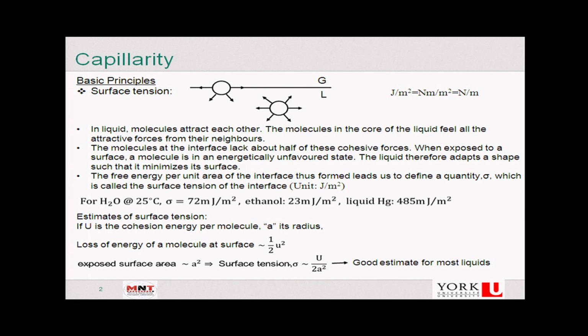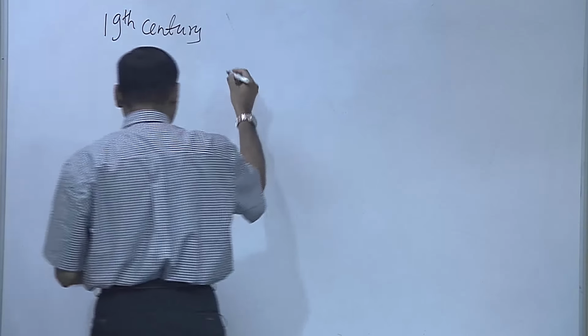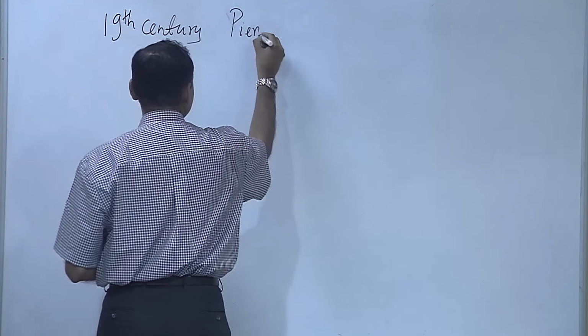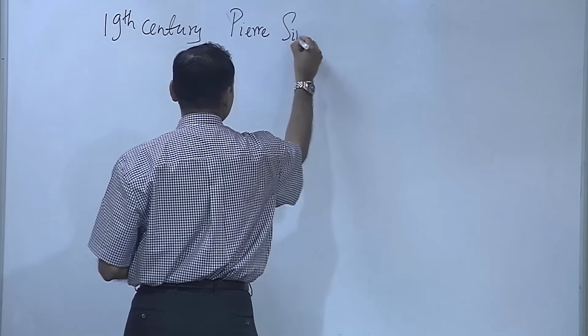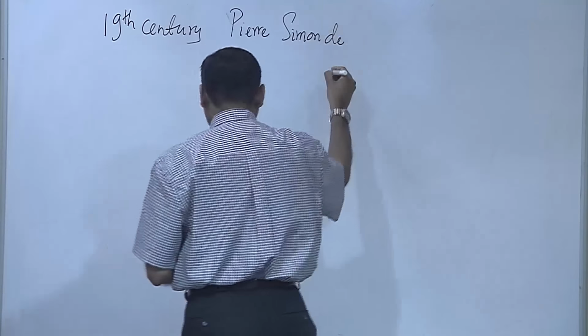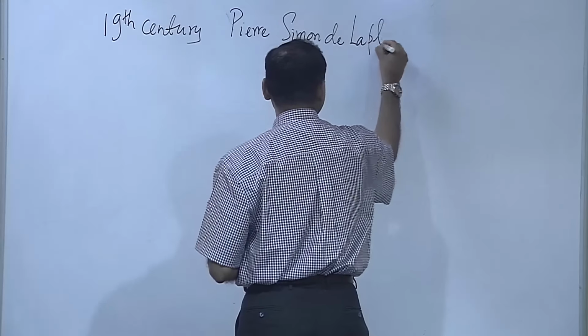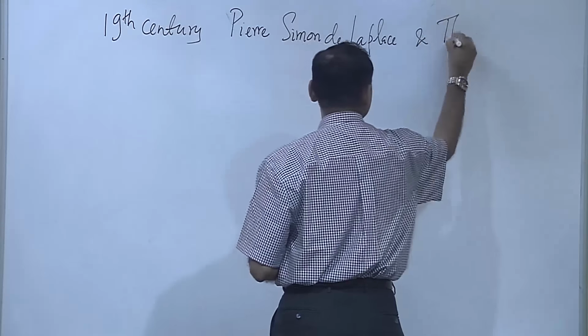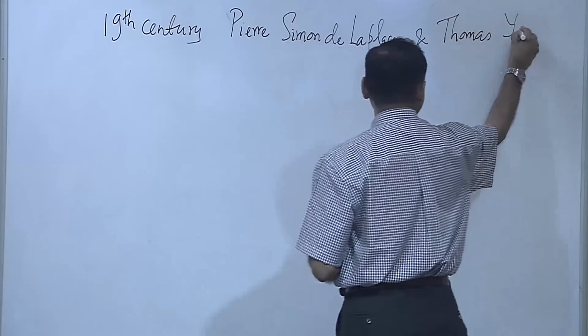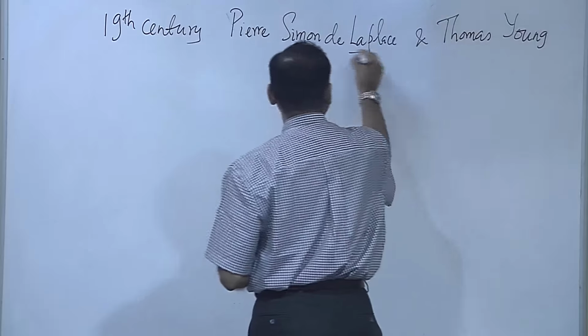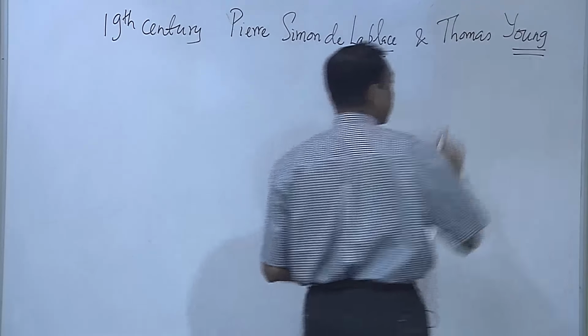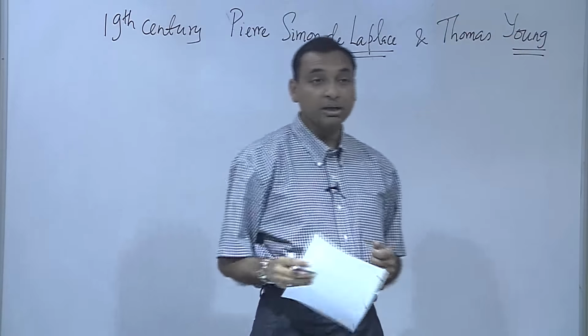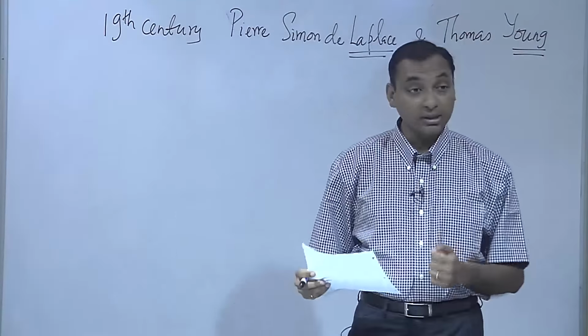This field was started in the early 19th century by two famous scientists: Pierre Simon de Laplace and Thomas Young. So Laplace and Young pretty much established this field of surface tension and capillarity.